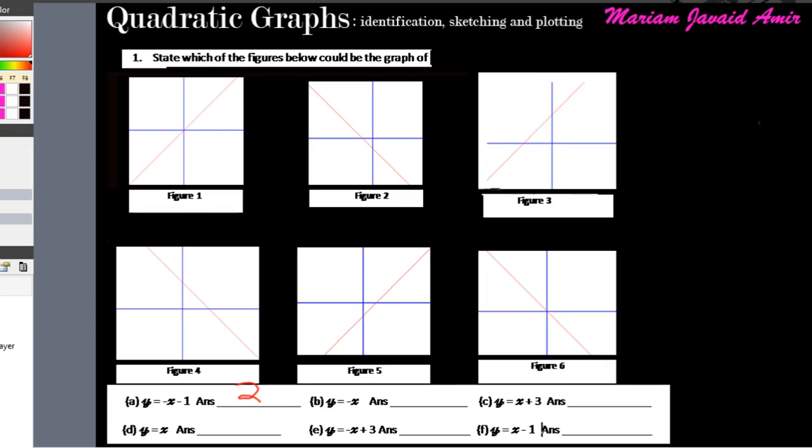Part B, y = -x. Now the slope is -1 and the y-intercept is 0. So it should be a falling line which should touch the y-axis at 0. So it should be figure 6, a falling line which touches the y-axis at 0.